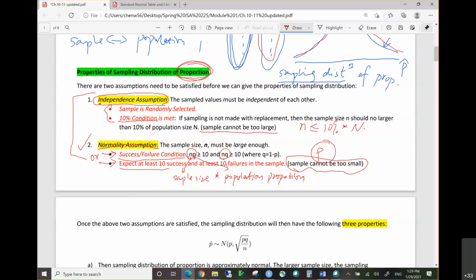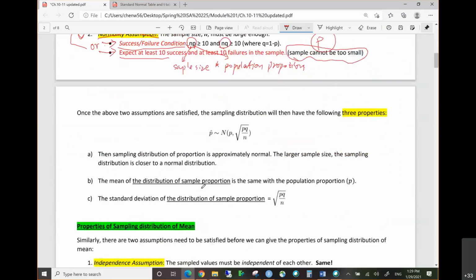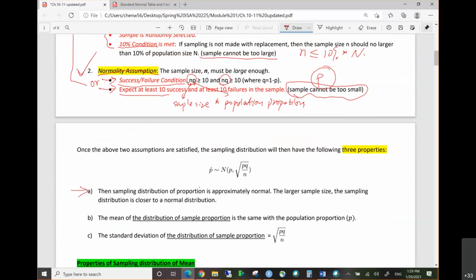Okay, so if the independence assumption is checked and the normality assumption is checked, then we can be sure that this sampling distribution of proportion will follow a normal distribution. This is the first property based on the assumptions. If these two assumptions are both satisfied, then the sampling distribution of proportion is approximately normal.